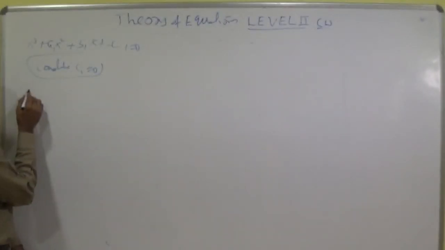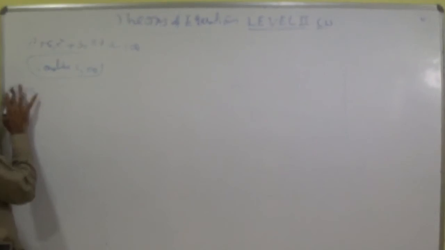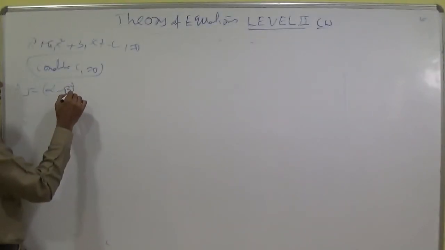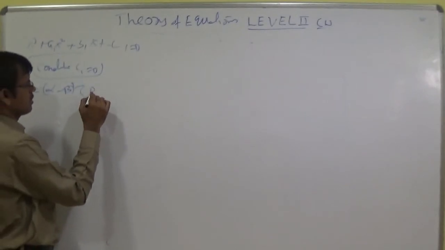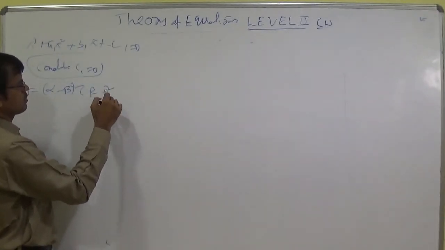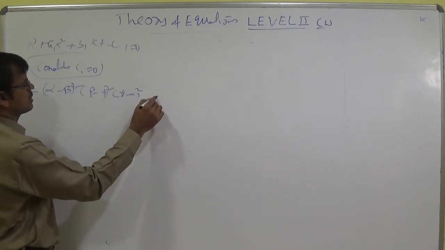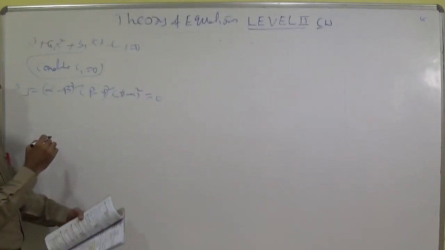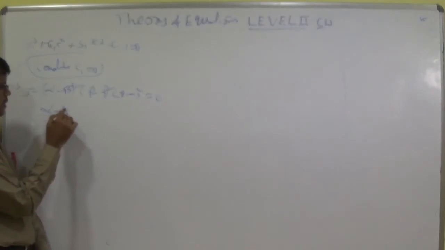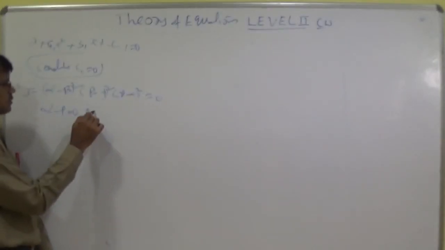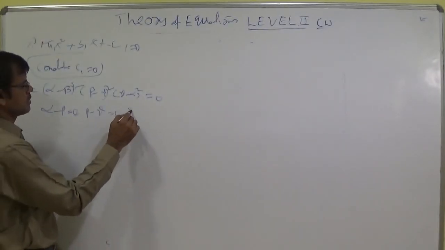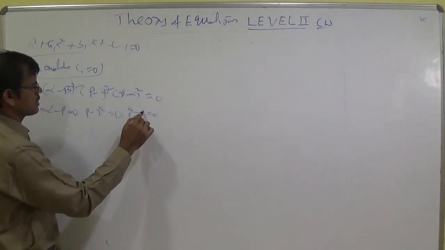Condition c1 equal to 0. Now you take S3, meaning alpha minus beta whole square into beta minus gamma whole square into gamma minus alpha whole square equal to 0. So maybe alpha minus beta equal to 0 or beta minus gamma equal to 0 or gamma minus alpha equal to 0.